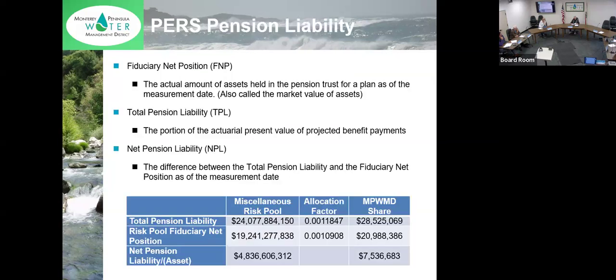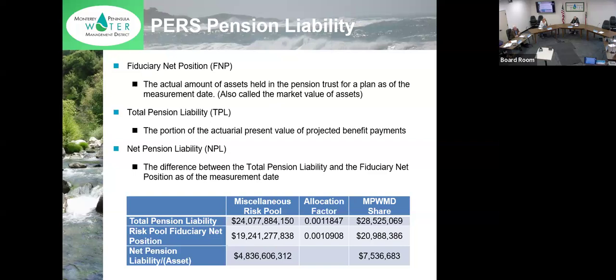And so going into how much is this liability? Now, since we're a small public entity, we participate in what's called the pooled cost sharing plan. And so our assets are combined with assets from other public utilities. And so CalPERS has this miscellaneous risk pool, which you can see on column 1. It has about 24 billion. We have an allocation factor for that liability.